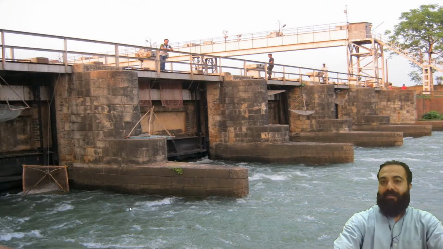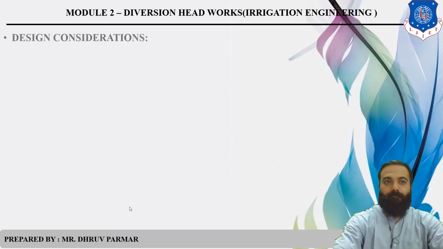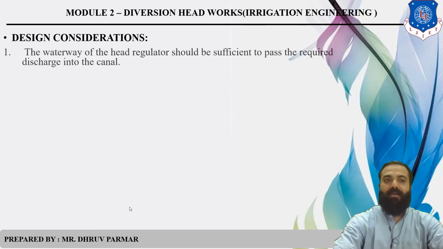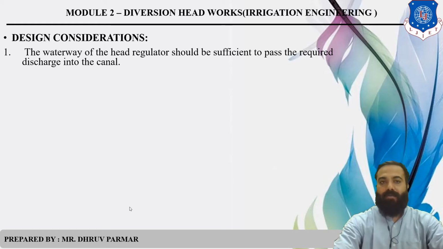So this is a CHR, which normally has a 6 to 8 meter span length, with pier construction and gates provided. So there are some design considerations of CHR. The first one is waterway. Waterway means the path of water. Clear? It should be sufficient to pass the required discharge into the canal.